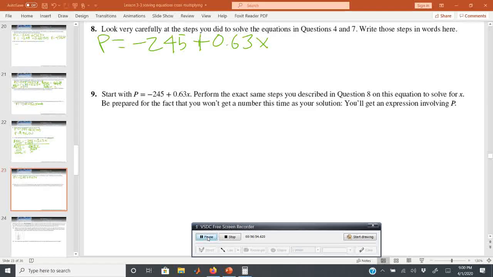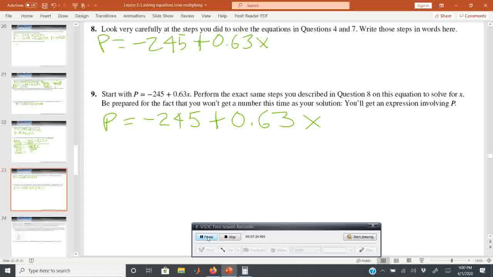We have to add 245 to both sides, and then divide both sides by 0.63. So we used our equation solving tools to get the number of snow cones variable by itself. Question 9, restart the video once you've done that.